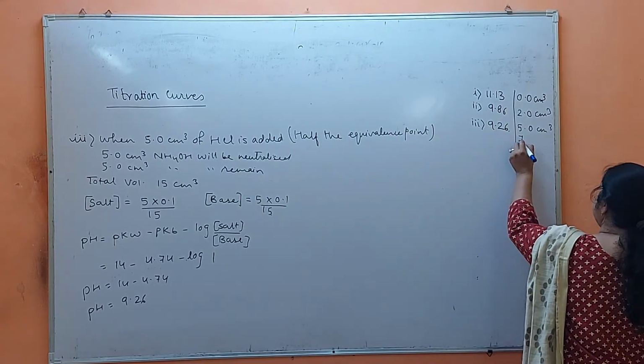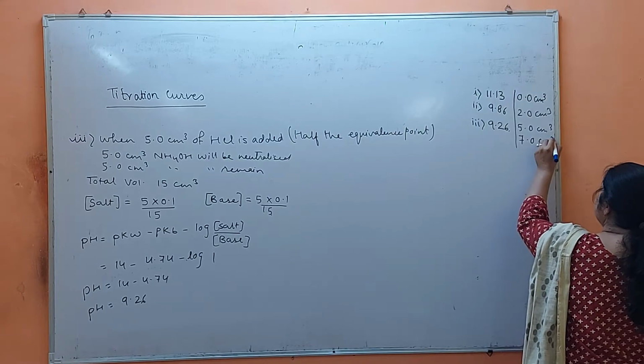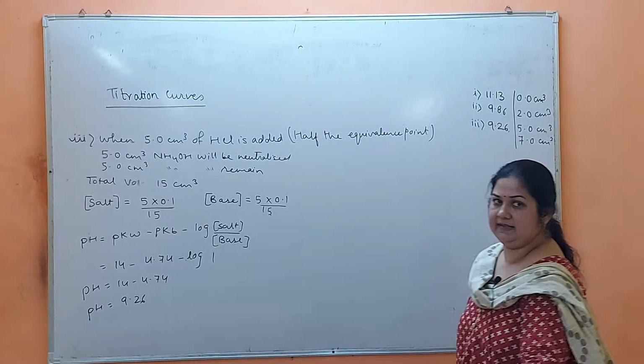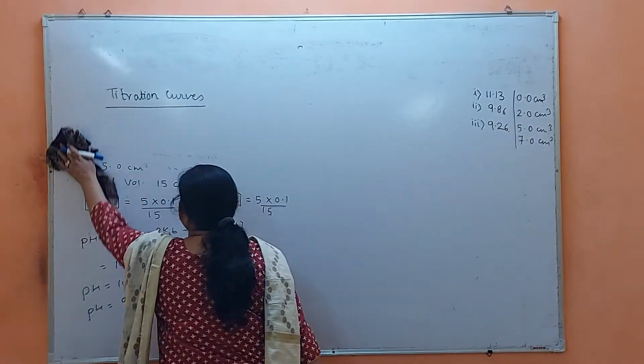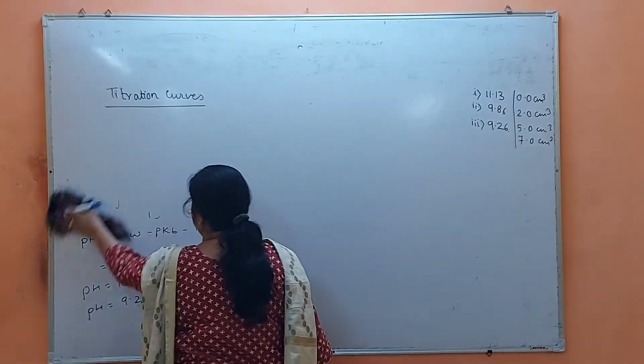Now see, in the next stage, the fourth one, when 7 cm cube of HCl is added.